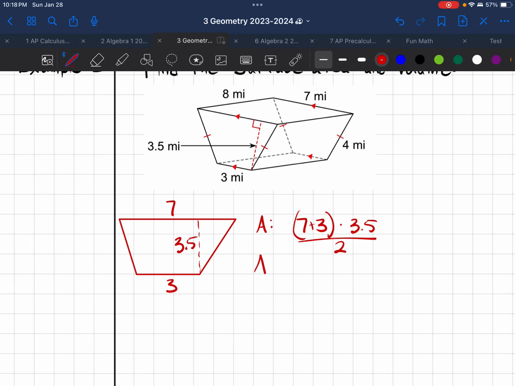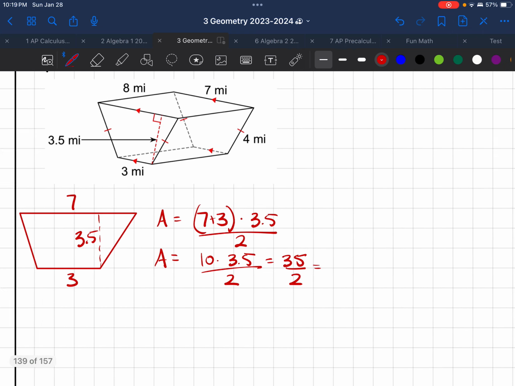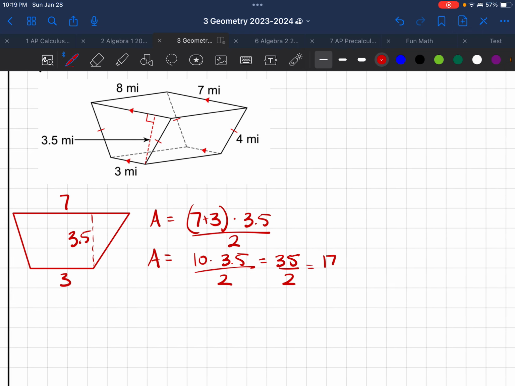So the area of this is going to be 10 times 3.5 all divided by 2. 10 times 3.5, you just move the decimal place, so it's 35. So this is equal to 35 over 2. 36 divided by 2 is 18, so this is a little bit less than that: 17.5. So I know that this area here is 17.5.